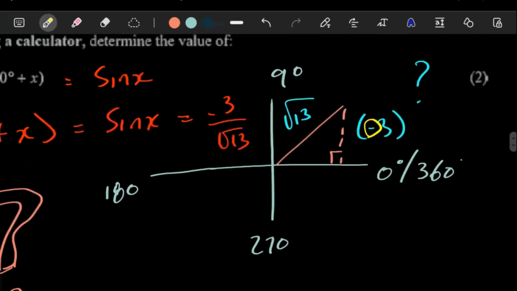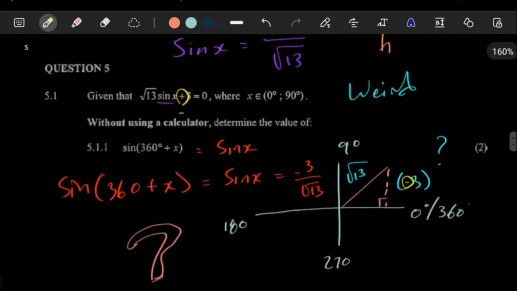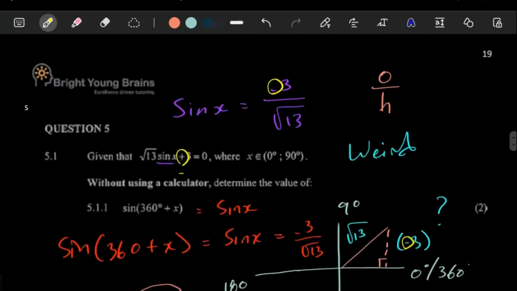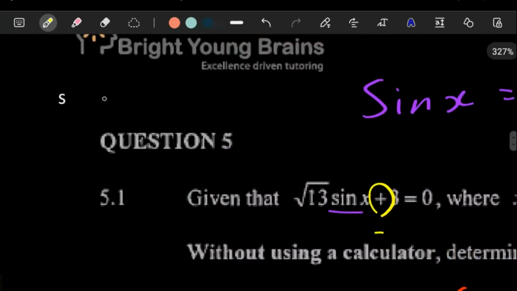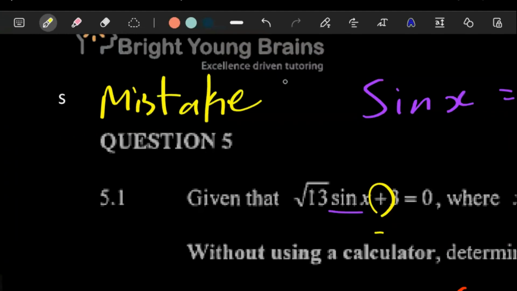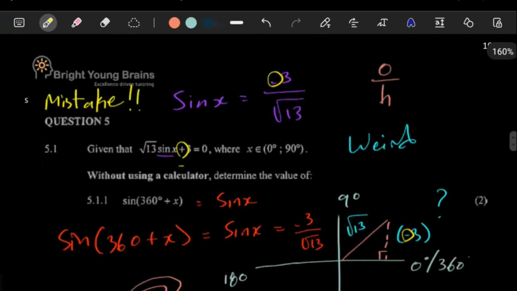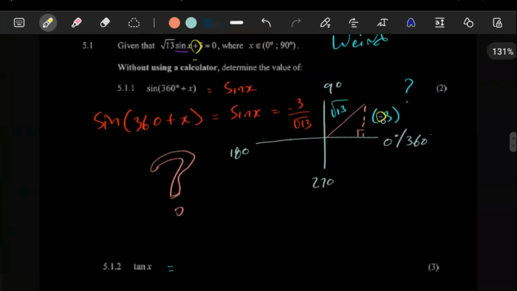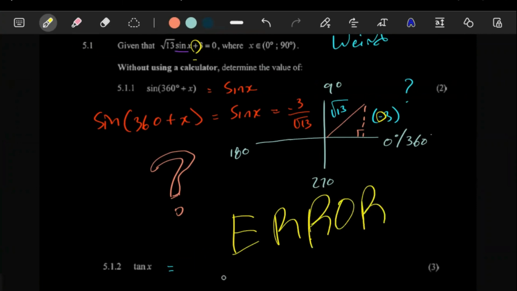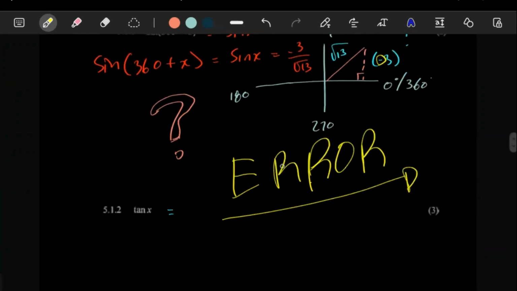So I think for this question, there's probably a mistake somewhere. Depending on who was writing this paper, you probably hopefully checked with your examiner, because there's an error, a big hole in the exam.